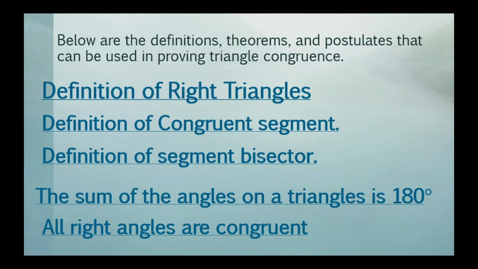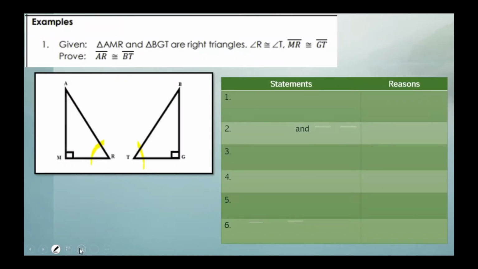We also have definition of right triangles, definition of congruent segment, definition of segment bisector. The sum of the angles in a triangle is 180 degrees, and all right angles are congruent. Okay, so let us have an example of proving two triangles are congruent.